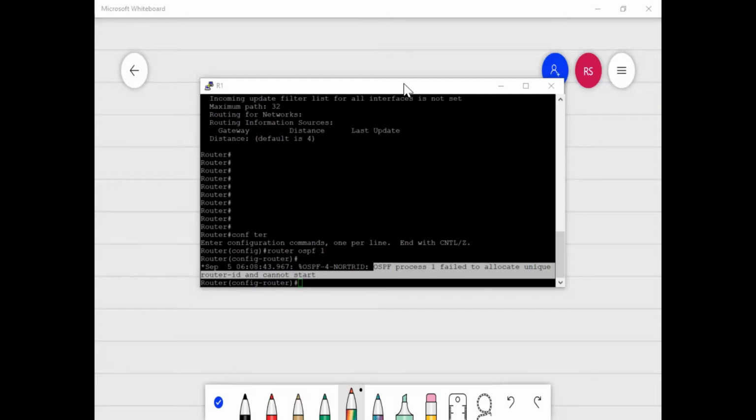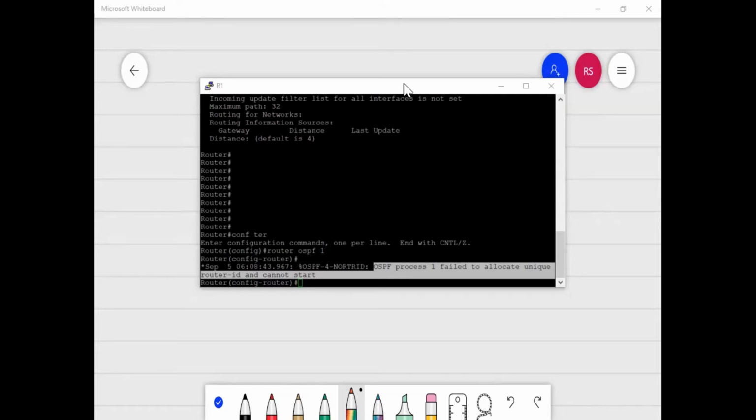Version 2 is for IPv4. Version 3 means you are using IPv6 for your OSPF. Again, the format of the router ID will be IPv4 only. So generally, it resembles your IPv4 address.